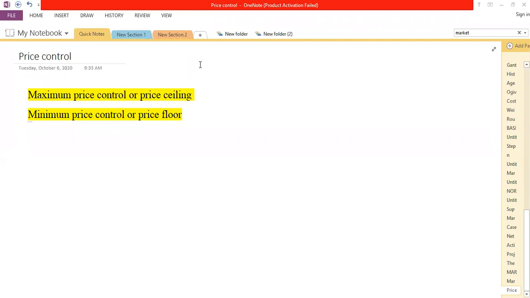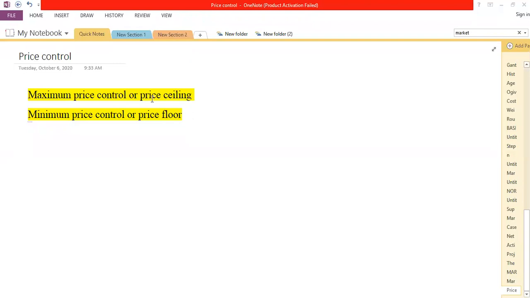And this is a charge, or an amount, indicated by the government, below which you shouldn't be paying your workers. Or if it's a price for the commodity, then we should not charge a lower price for that commodity. Of course, there are some implications in regards to each one of these price controls.